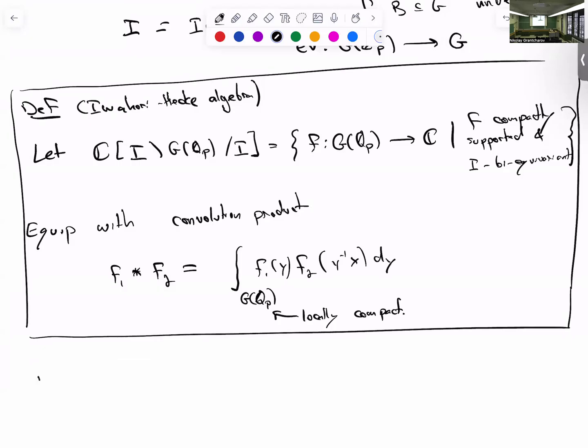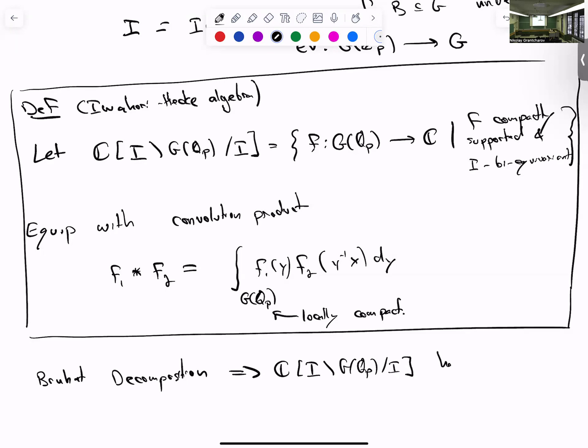So what we can do is look at the Bruhat decomposition of this double quotient space and deduce that the Hecke algebra has a basis, or an algebraic basis, indexed by elements of the affine Weyl group.